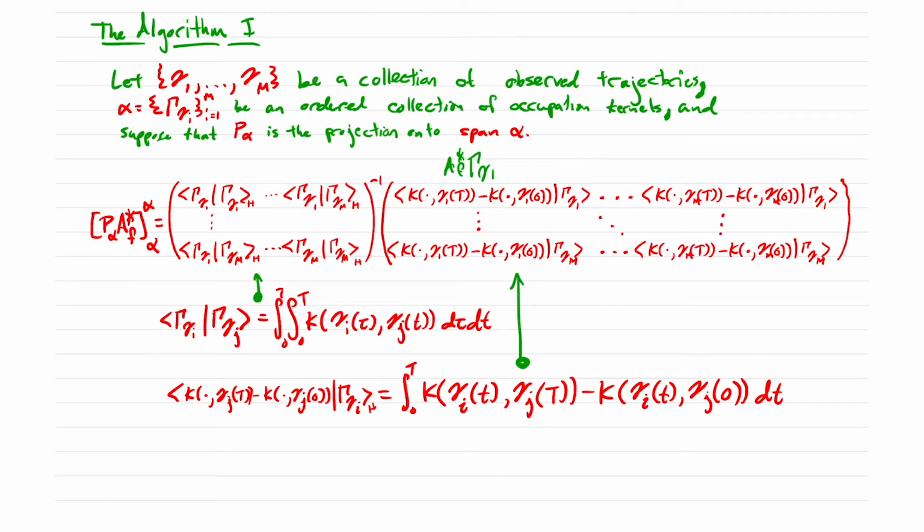And we want to project this back onto alpha. So if we take a look at this column and we hit it against this, that gives us the coefficients on the occupation kernels that would be the projection of this onto the span of occupation kernels. And so we do that for this column here, and then we do that for every single subsequent AF star acting on gamma sub m, right?